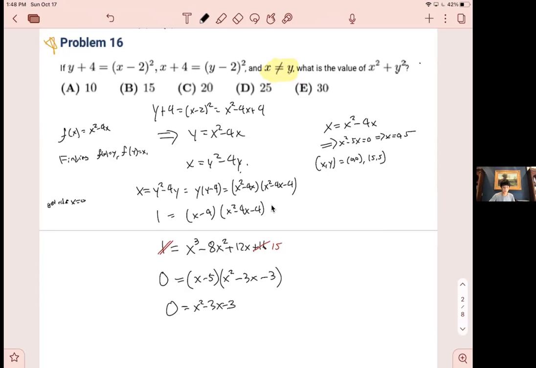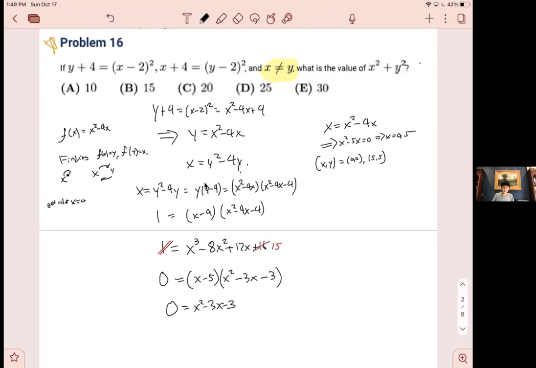But we want it to be x to y and y to x, not just x to itself twice. And so we've gotten rid of the two cases where it's just x back to itself, the x equals 0 and x equals 5 case.